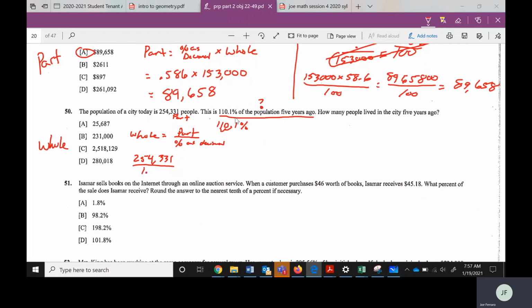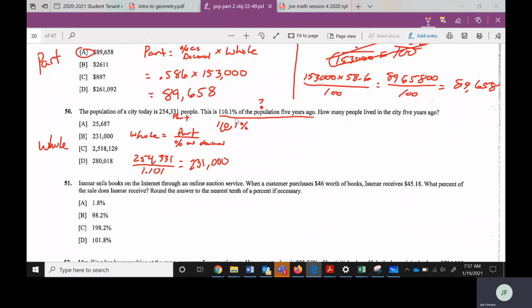So that'd be 1.101. And then you divide, and you're going to get 231,000.